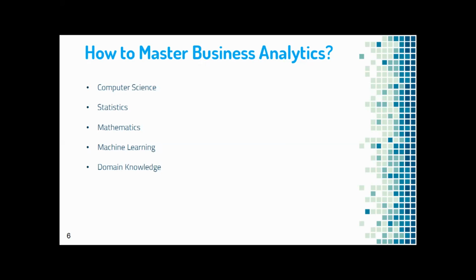Once a person is mastering different algorithms, domain knowledge should be there. If you are going to work in the IT industry, you should have knowledge of IT. If you are going to work in the finance sector, you should have an idea of finance. If you are going to work in the clinical sector, clinical knowledge should be there.